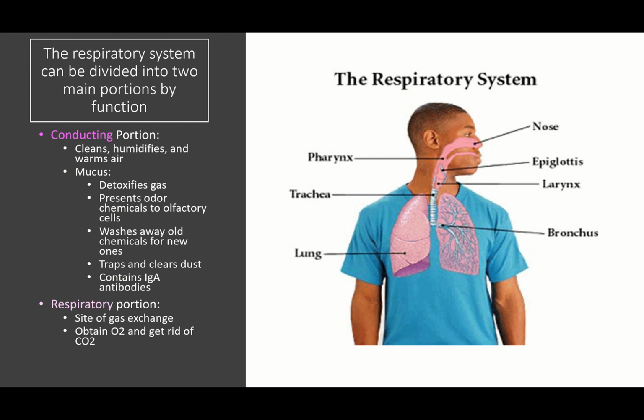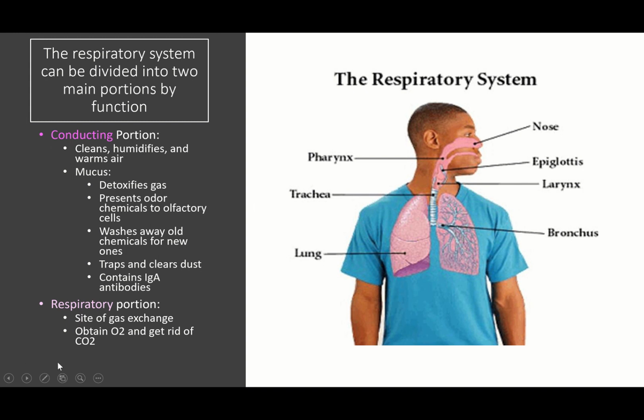So first we're going to talk about the main functions of the respiratory system. The respiratory system is your nose, your trachea, everything, and then your lungs. The main function of your respiratory system is gas exchange. But in order to get to that gas exchange part, we first have to go through the conducting portion of the respiratory system.